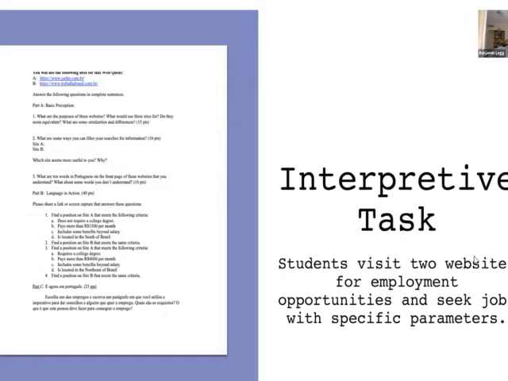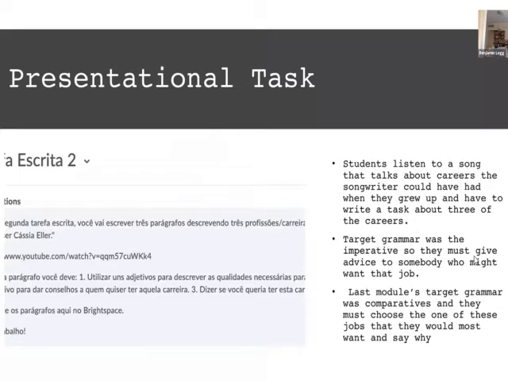So if you want to move on, which is right here, the presentational. Now building off this idea of you write this paragraph where they were giving advice to somebody who wants one of these jobs, they then listen to a song that talks about careers. Both Danielle and Braden have done this activity when they were my students. They end up choosing 3 of the careers.